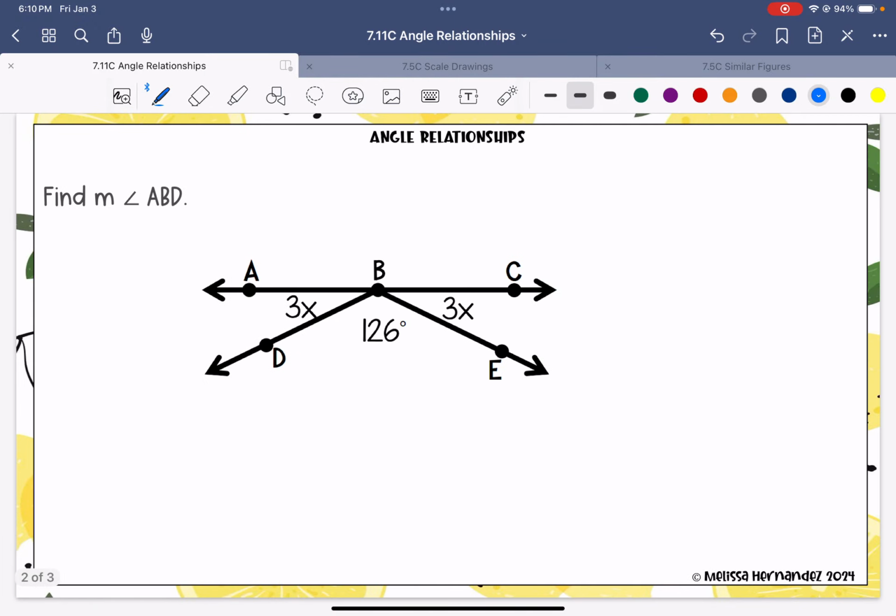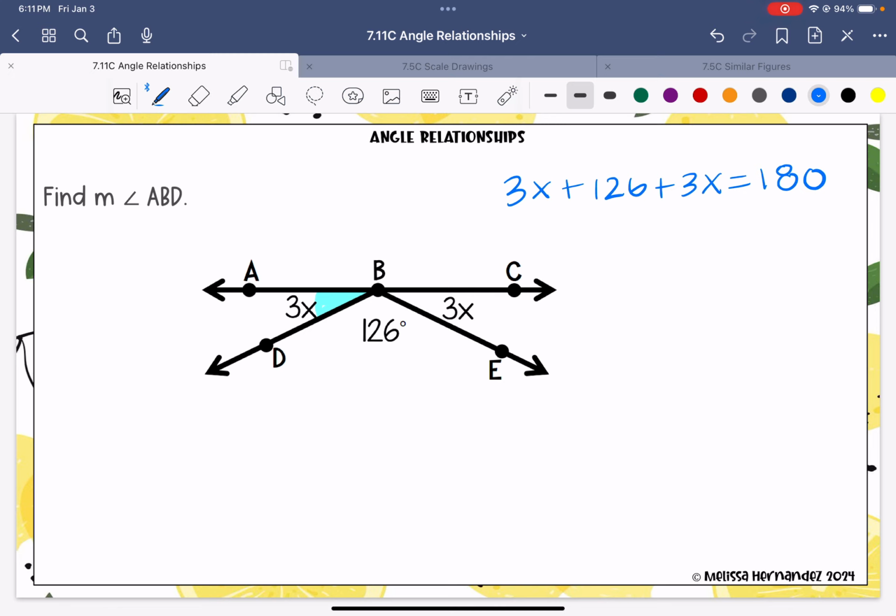All right, so for our first example, it says find the measurement of angle ABD, which is actually this space here. So you notice it has a variable x, which we don't know what it is. So the first thing we want to do is set up an equation and solve for x. So it'll be 3x plus 126 plus another 3x equals 180.